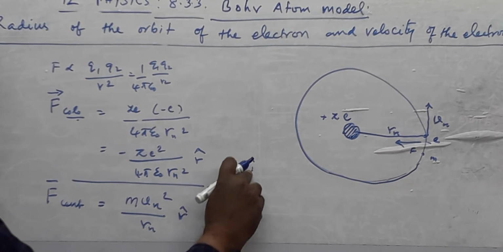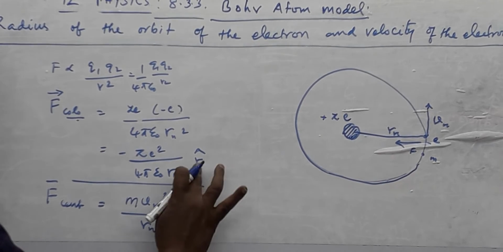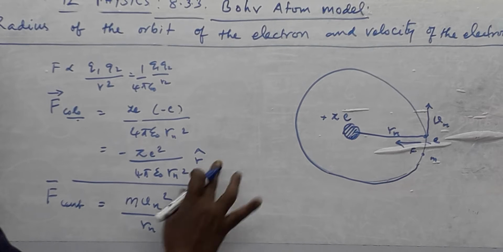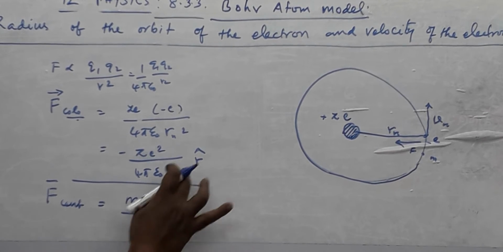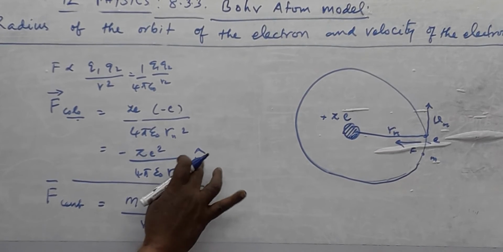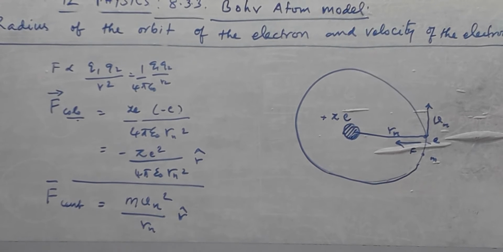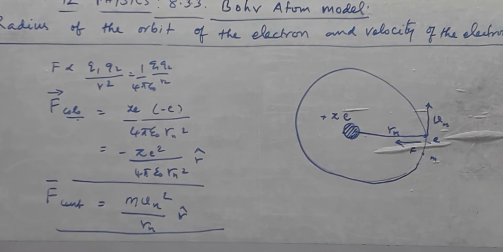The unit vector gives only direction, there is no magnitude value. You can understand these things; this is a very important concept.